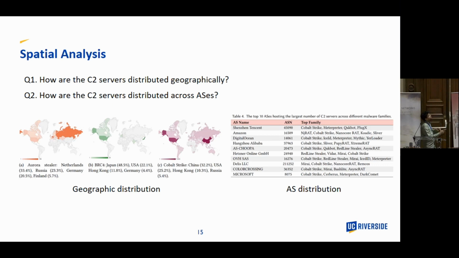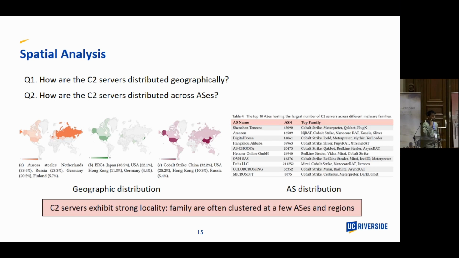Similarly, the table shows the correlation, for example, that Cobalt Strike is majorly hosted in Shenzhen Tencent AS. What we understood from this is that C2 servers exhibit strong locality. A particular family is often clustered at a few ASes in a particular region.